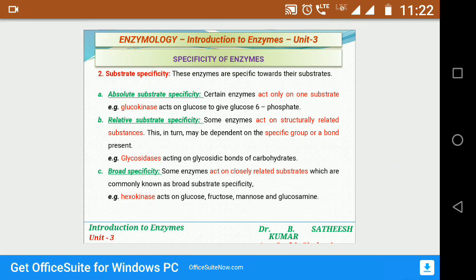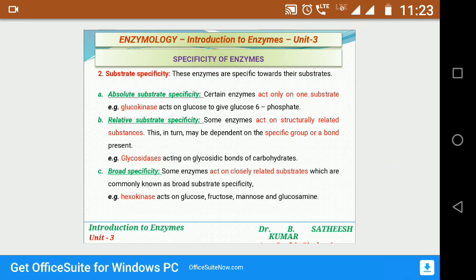So more than one substrate may have the same functional group or the same bond. In that way, these enzymes recognize more than one substrate based on a specific group or a bond present in it. And the third is broad specificity, where similar kinds of substrates are also recognized by a single enzyme.